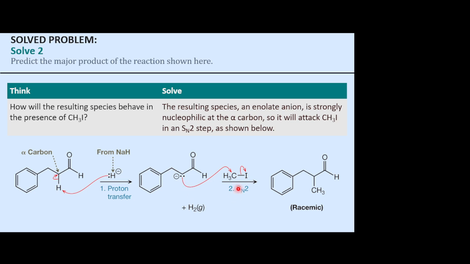This is then going to attack the carbon right here in an SN2 style mechanism with iodide being your leaving group. And so the iodide will leave. This will then leave you with the CH3 added at that alpha position. And that's going to be a racemic mixture. Okay.